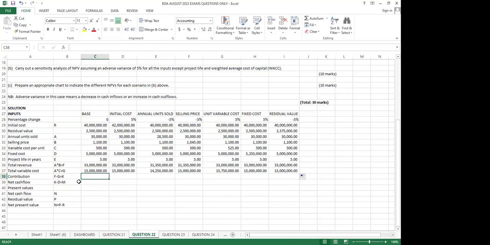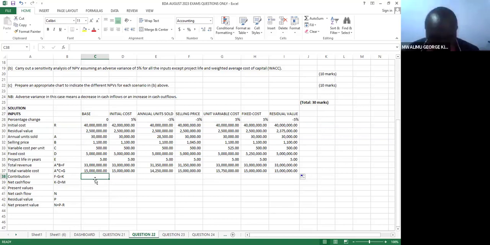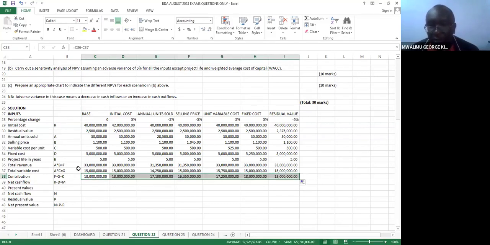Yes, yes. Okay, let's go to contribution. Contribution is equal to revenue minus the variable costs. That's contribution that way. So we copy the formula again. Copy the formula up to that point.